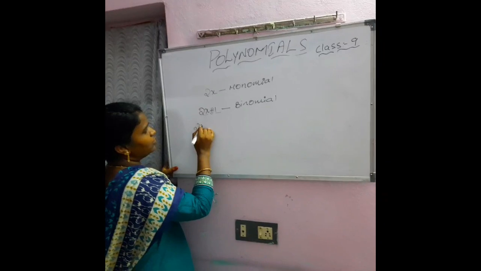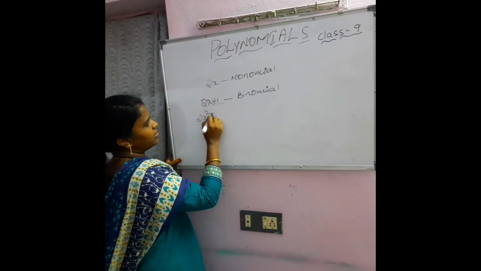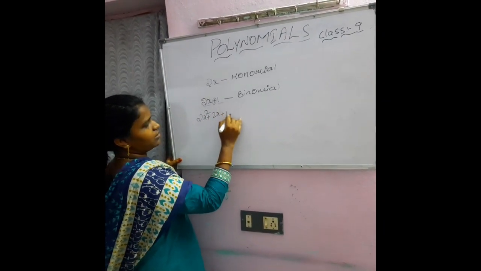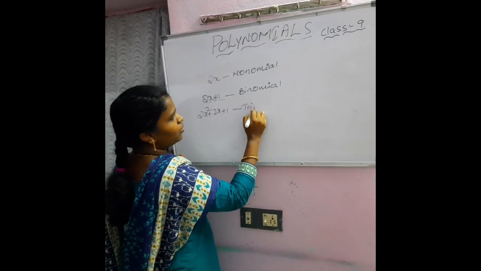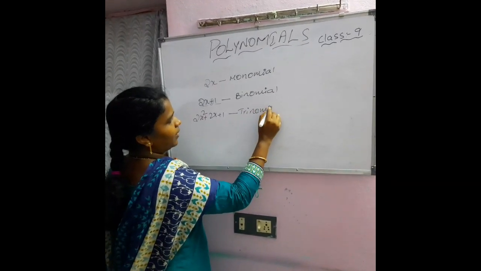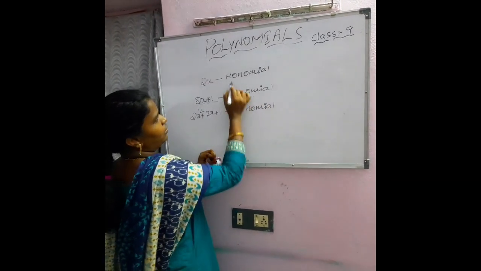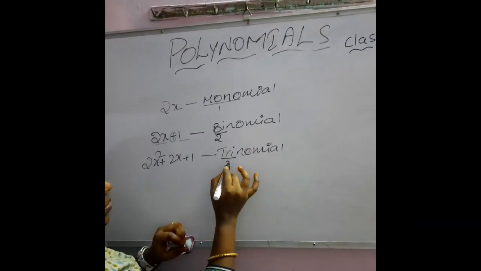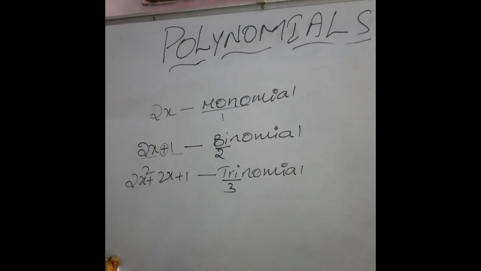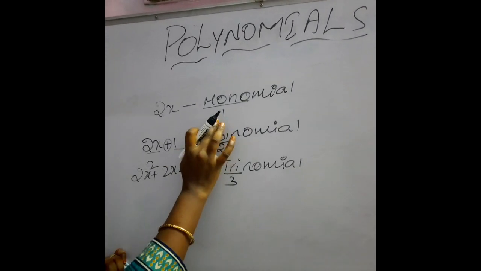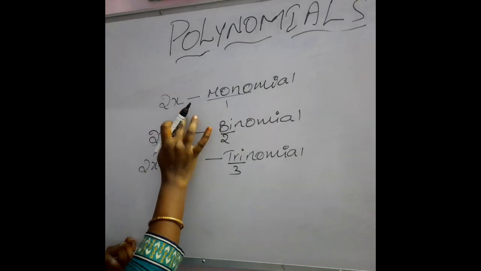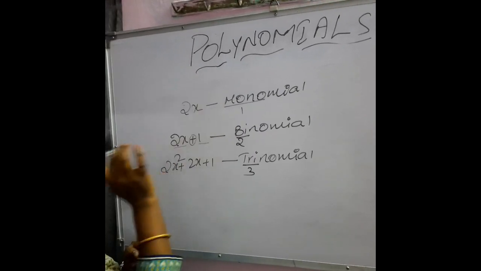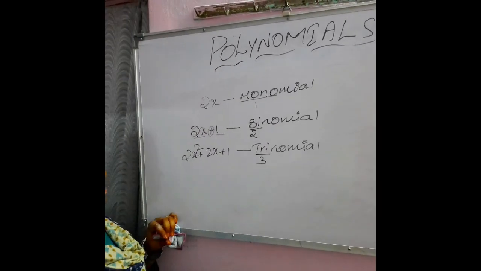And 2x square plus 2x plus 1 is a trinomial. Mono is 1, bi is 2, tri is 3. That means in a monomial we have only one term and no other terms with binary operations.